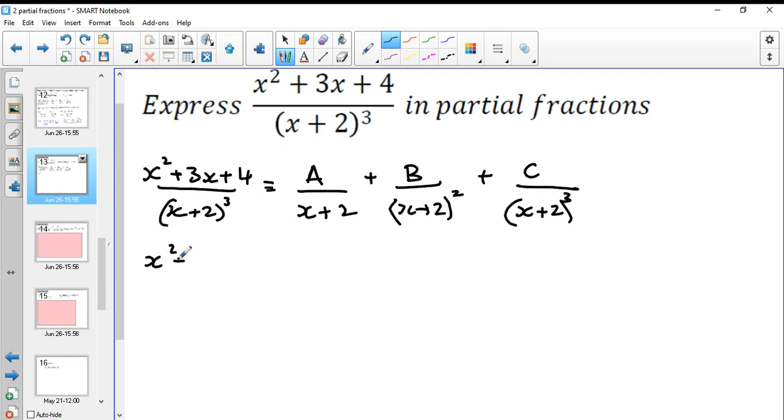Now we're going to equate the numerators. So to get from here to here, I need to multiply by x plus 2 squared. To get from here to here, I need to multiply by another x plus 2. And to get from here to here, well, I'm already there, so I just need to multiply by 1.